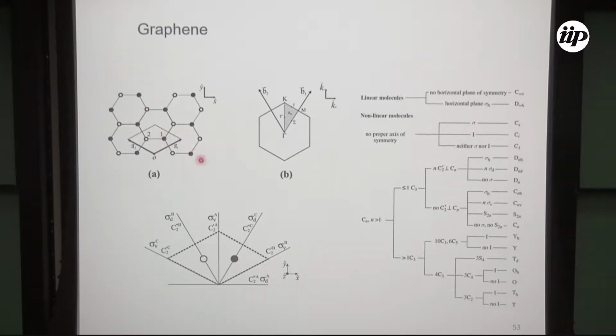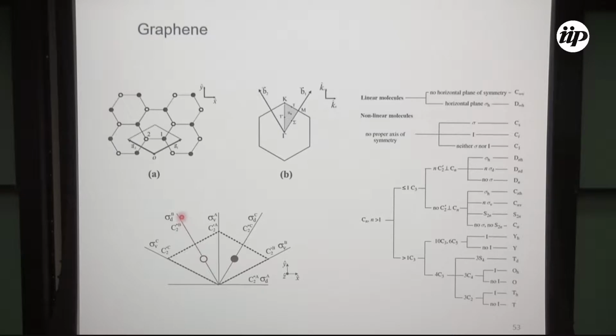We have some planes here. If we take the unit cell of graphene, these are the mirrors. This mirror here brings this atom to this atom and the other way around.